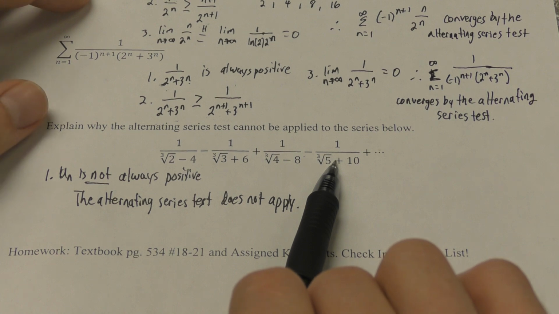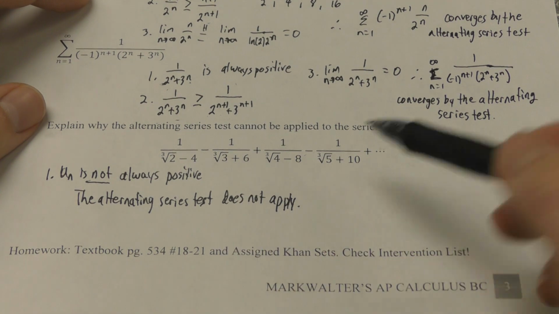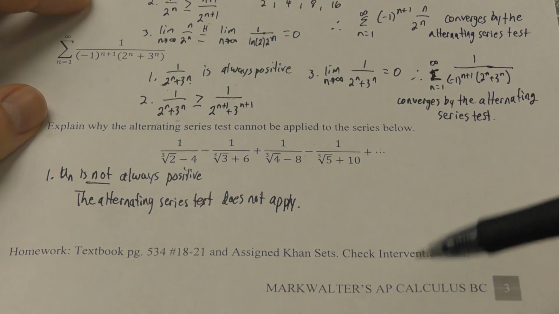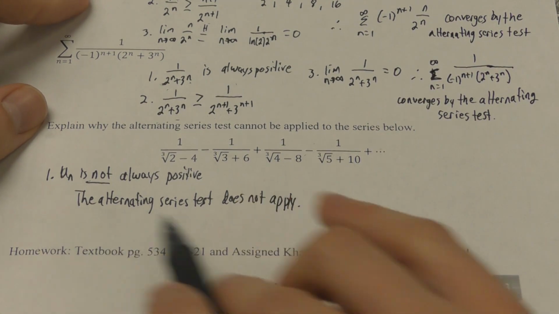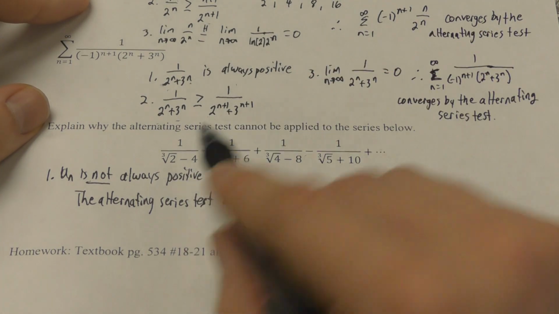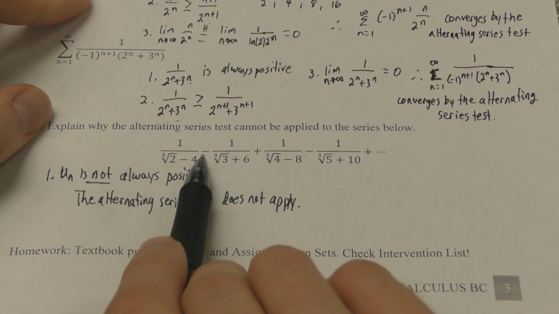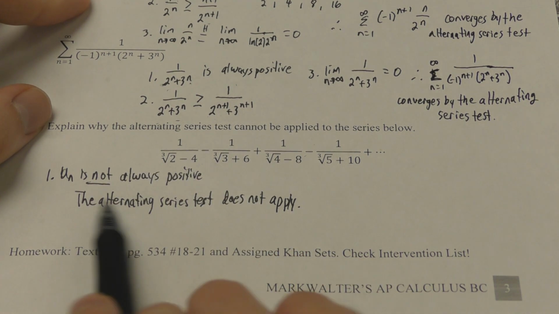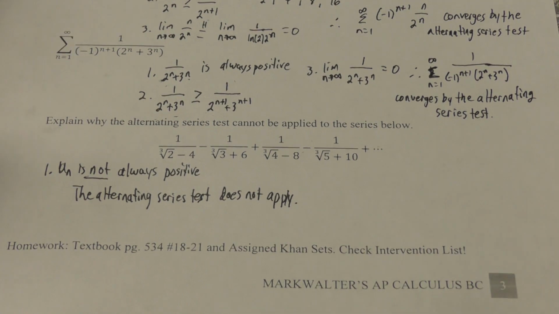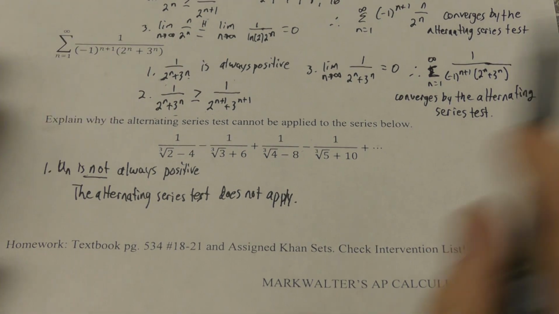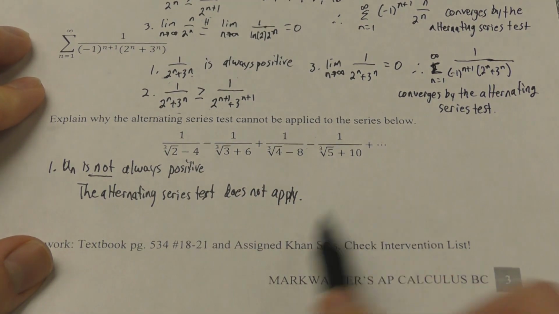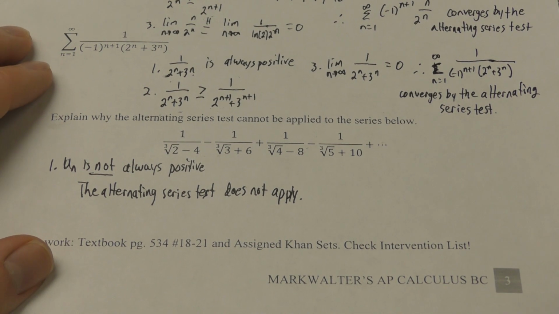But does the absolute value of each of these terms eventually decrease? My intuition is that it does not apply. But I'm noticing that this one would be actually negative, this one would be positive. Oh, no, never mind. We'd have a negative minus that. So it does not apply. I'm sorry. I even wrote this problem and I threw myself off. The terms are not always positive, so the alternating test does not apply.